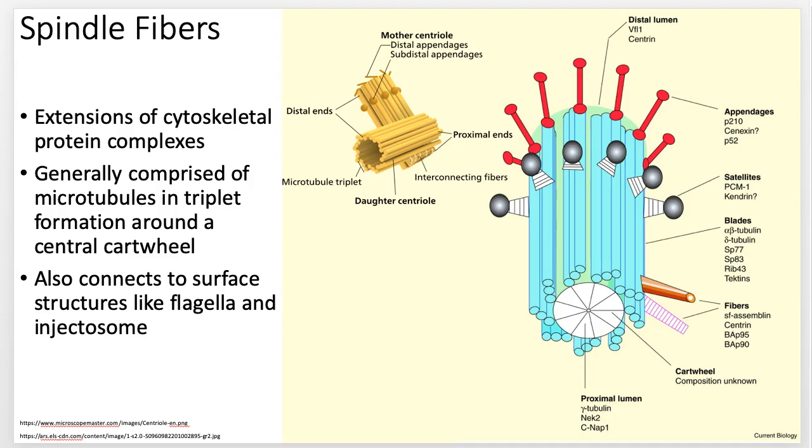There are so many proteins associated with the cytoskeleton. It's amazing, actually. These are just the ones listed. You'll see a bunch of question marks here. We don't know if that's part of it. Centrin, what is that? Composition unknown of the internal cartwheel. So there's a lot of unknowns. I've just put this on here to show you that things are complicated when it comes to spindle fiber formation.